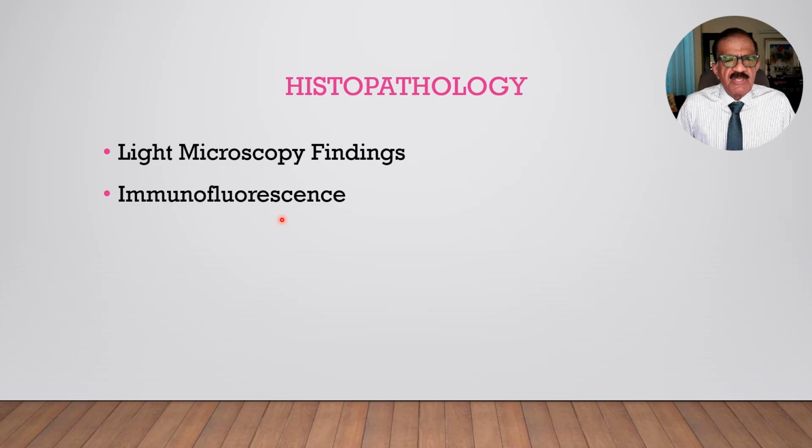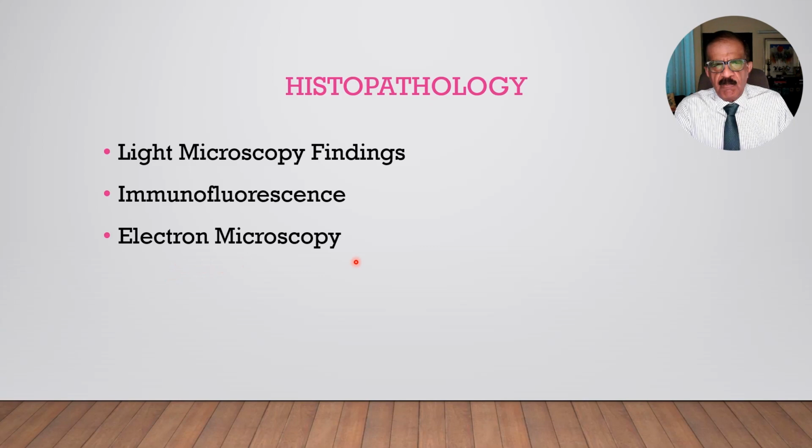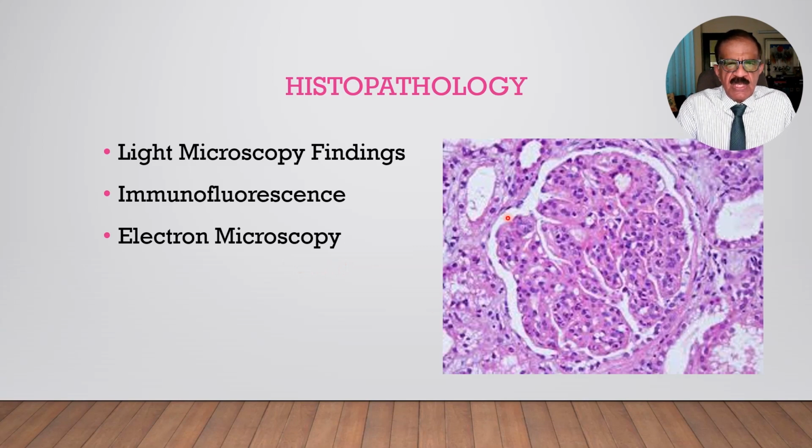These are certain stains which would create fluorescence if immune complexes are present. Then electron microscopy, which is mostly an investigative or research tool, but in clinical settings it's usually not done. But if you do, you will see certain changes. I'm going to show you those changes. Now this is under the light microscope.